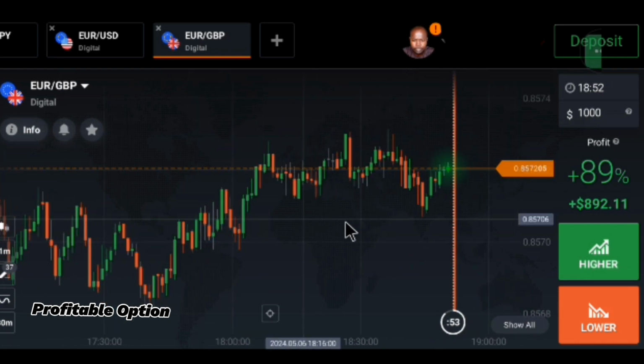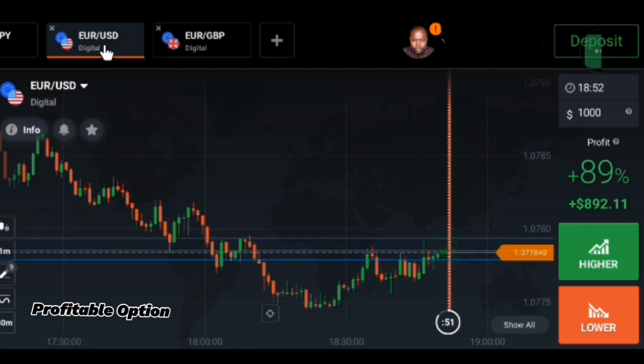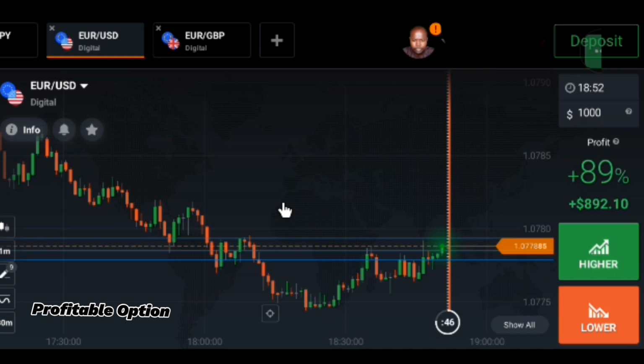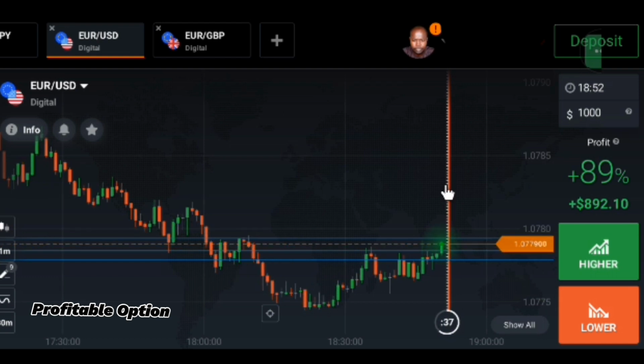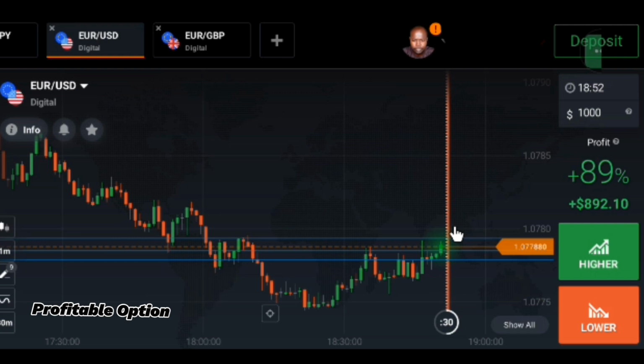This is not okay to trade. Let me check euro USD once again. All right, with this euro USD, it's trying to break out of this resistance zone, and if it breaks out of this resistance zone, I'll have to wait for it to come back to retest this zone, and when it retests and there is a reaction from the buyers, because it is now resistance, when it breaks out, this resistance will now become a support.